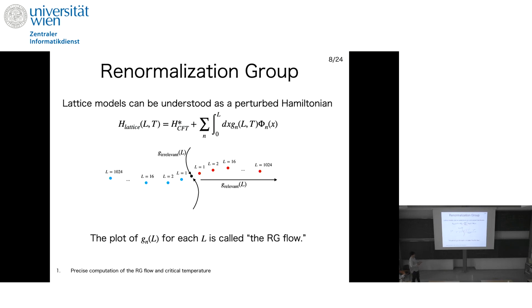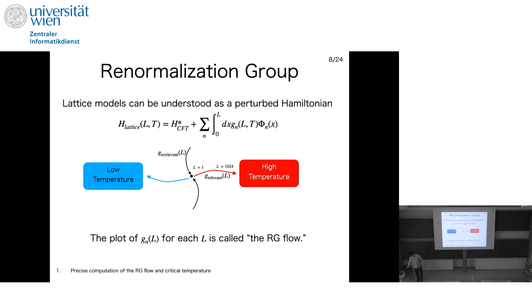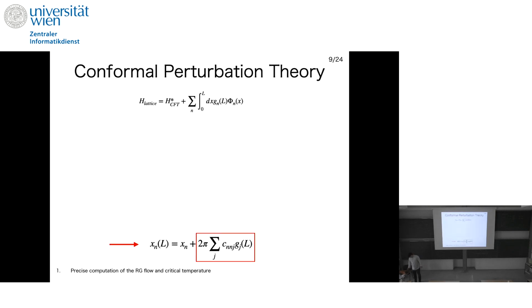So this is what I want to do: just calculate the coupling constants for a given system size from the lattice Hamiltonian. So how do you do that? Actually, the deviation that we see from the previous slide contains the information about the coupling constants of the effective theory.